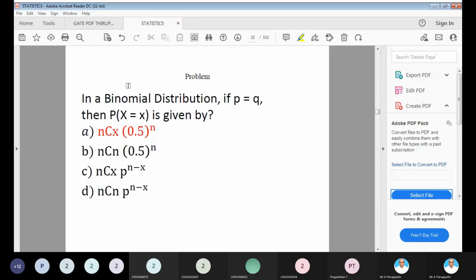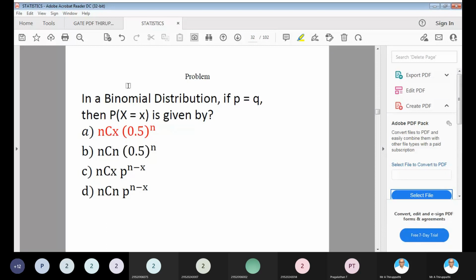In a binomial distribution, P is equal to Q. Then what is the value of P of x? What is the binomial distribution? The probability mass function is NCX, P power x, Q power n minus x.